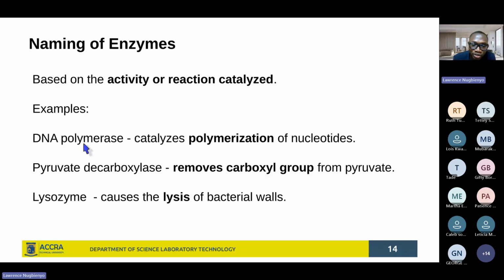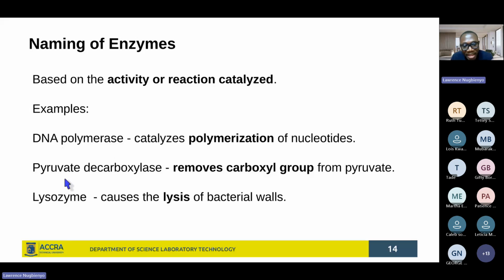The nucleotides are monomers. It will join them to form the polymer, which is the DNA molecule or DNA fragment. So the process is polymerization. That's the activity that the enzyme is carrying out, so it is named after that activity. So you see DNA polymerase.